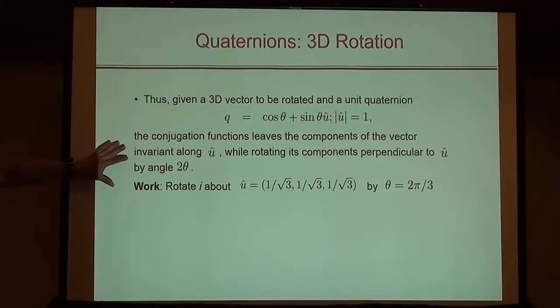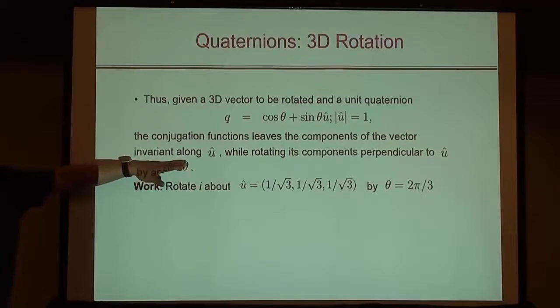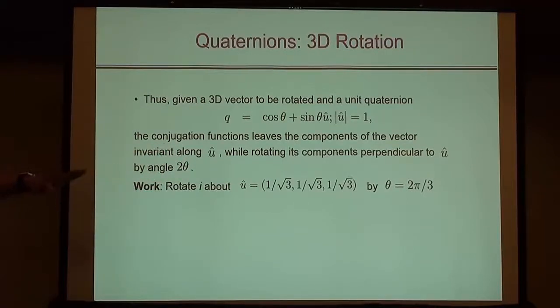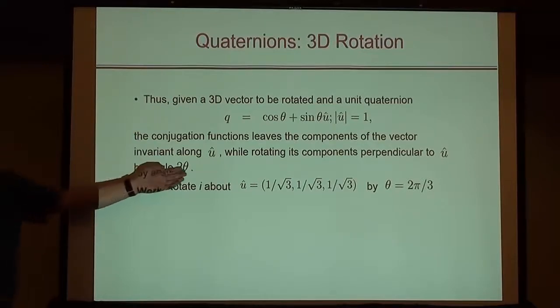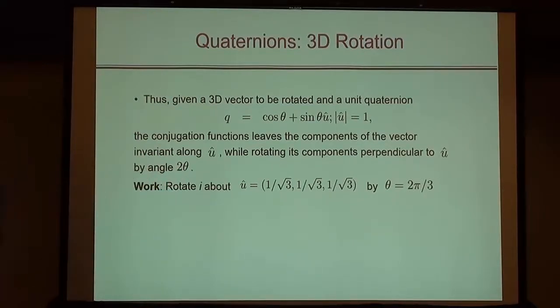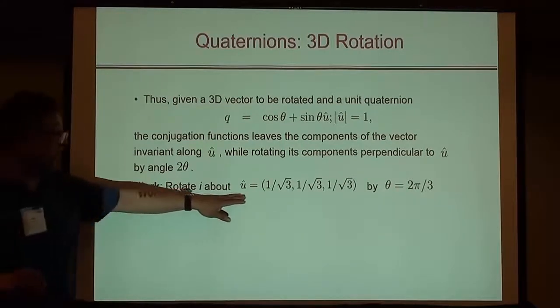Here's an example, basically saying that when you apply the quaternion operation Q times V times Q conjugate, where Q has a rotation angle theta, sine theta, cosine theta, the end result is a rotation of twice theta. Here's an example.